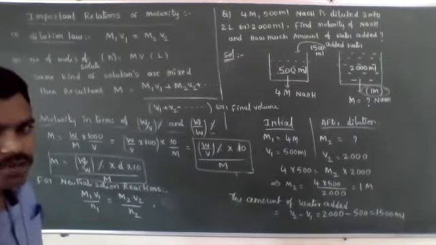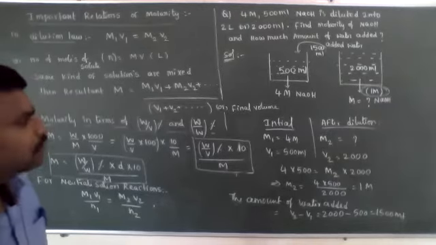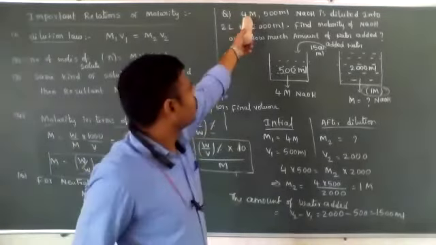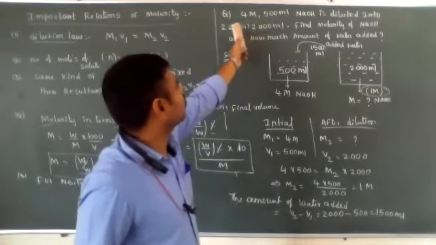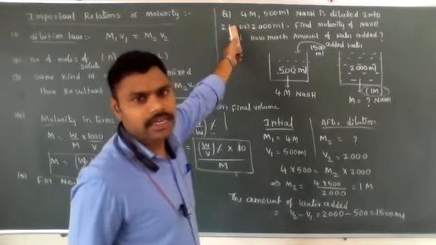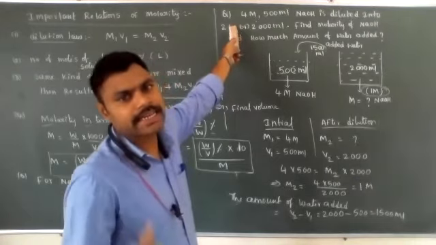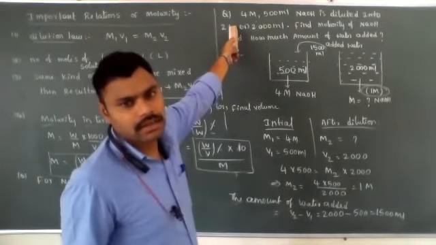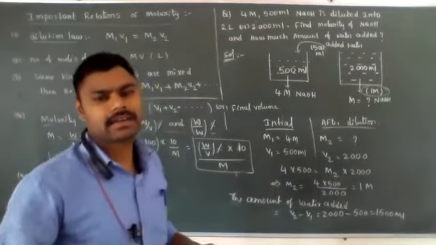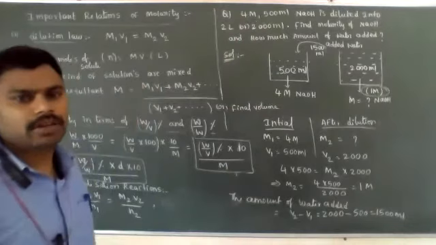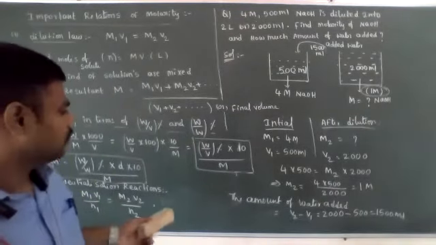Final volume is not 2500 ml, Abhay. In the question, they gave initially 4 molar 500 ml of NaOH, diluted into 2 liters, which means finally it becomes 2 liters. Then how much water did we add?